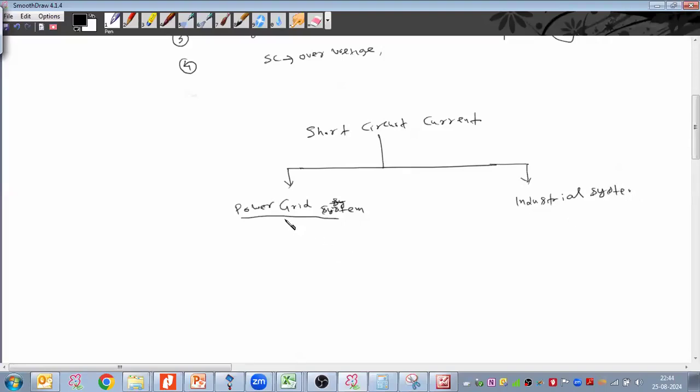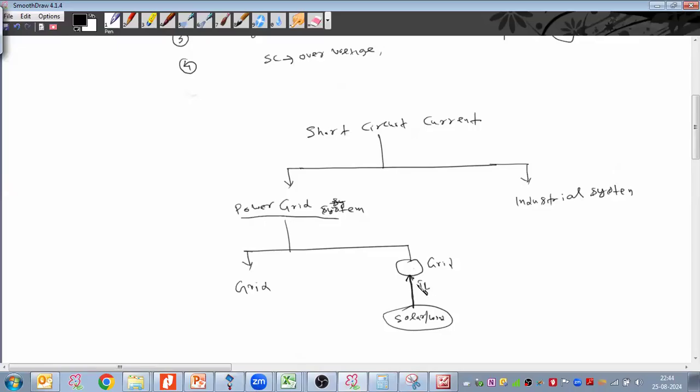And this power grid system we can again divide into two parts. One, we are part of the grid. Or there is a grid from where we are tapping, or taking, or injecting power. What I'm trying to say is there is a solar or wind power plant producing power and injecting it into the grid, connected through a transmission line.